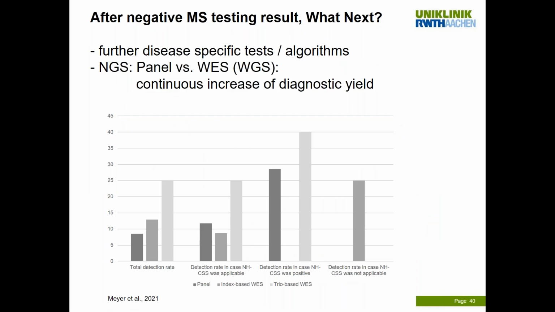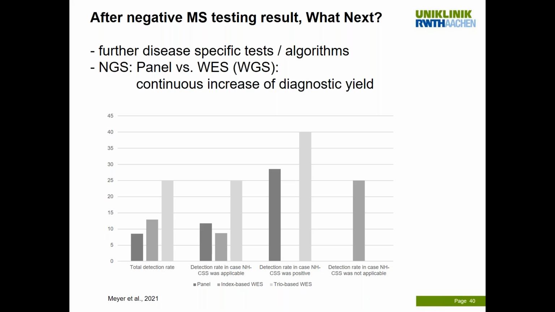Yeah, but in case you have negative methylation testing results, the question is what to do next. You can apply disease-specific tests. For example, in Russell syndrome, it's recommended to test chromosome 20, to test chromosome 16, perhaps. But I think finally you will have to decide whether you want to perform next generation sequencing, either panel-based sequencing or whole exome sequencing.